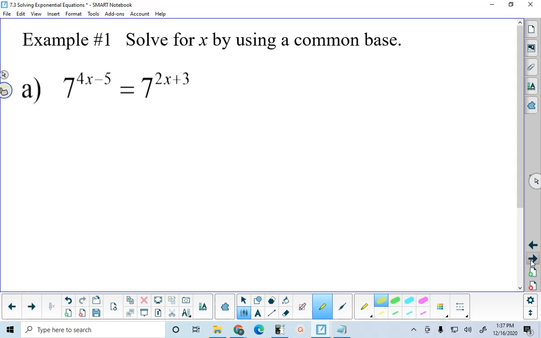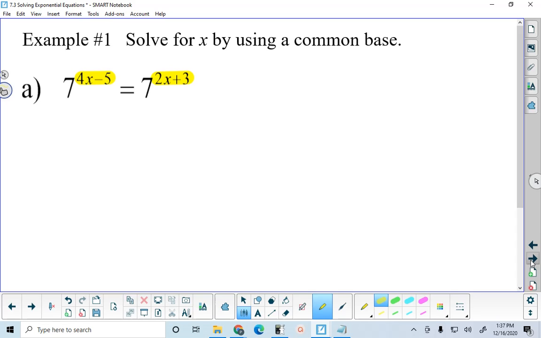Well, if you think about that, the only logical conclusion that you can come to is that these two exponents have to be equal to each other. You know, if the exponent on the left happens to be 5, then the left side would be 7 to the 5. But if that's equal to 7 to another exponent, that other exponent must be 5 as well.